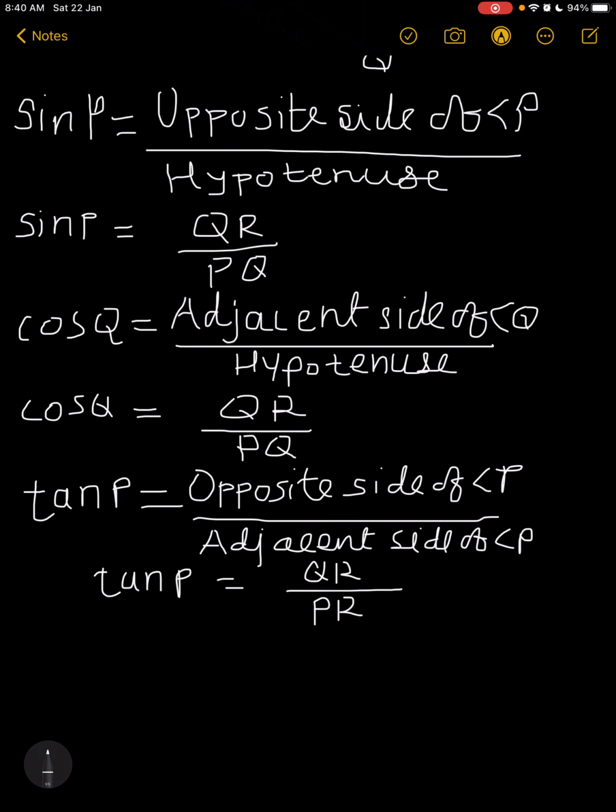Here we have got our third ratio: tan P is equal to QR upon PR.